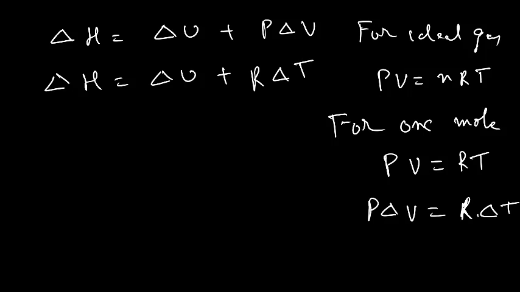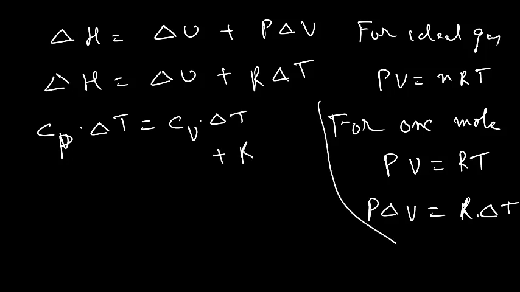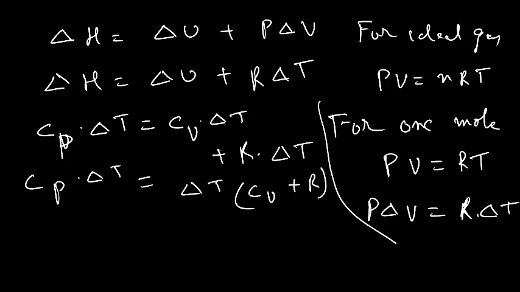But what is delta H? Delta H is nothing but the quantity of heat at constant pressure, that is Cp into delta T, is equal to delta U, that is internal energy, the heat content at constant volume, that is Cv into delta T, plus R into delta T. Delta T is a common factor on both sides, therefore we can cancel it.